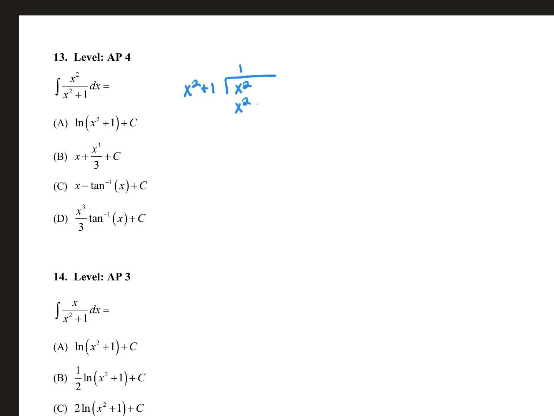So I multiply by 1. And that's going to leave us with the integral of 1 minus 1 over x squared plus 1. So then we are going to integrate, that's going to be x, and this is the arctangent of x.